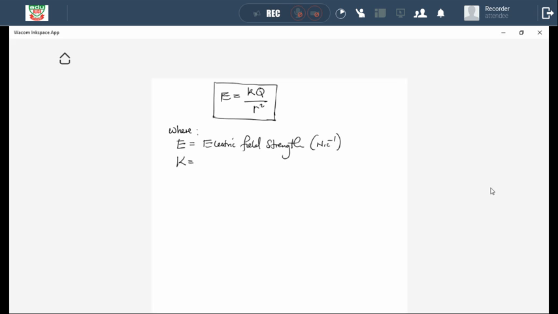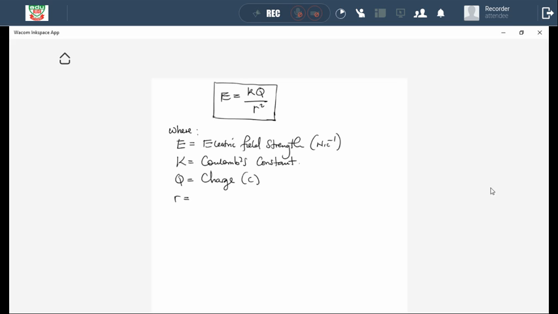And k represents our Coulomb's constant, and then Q represents our charge, the one that is exerting a force, and it is measured in coulomb.